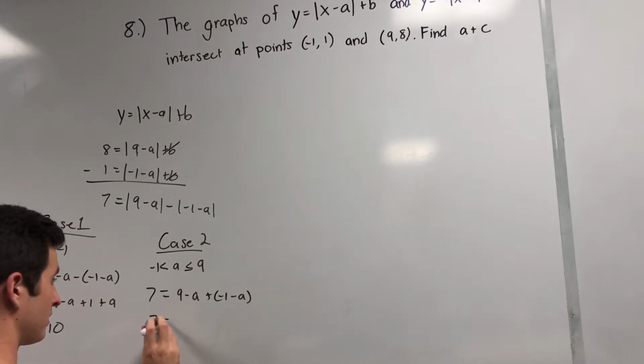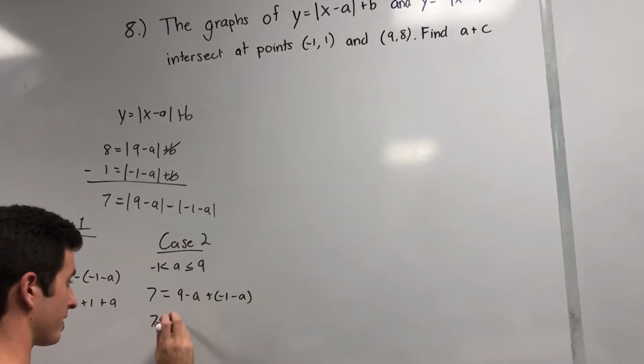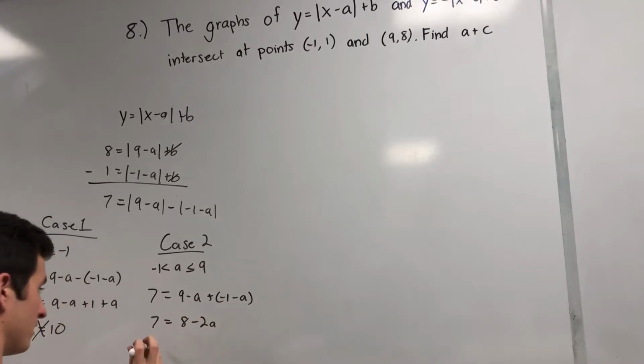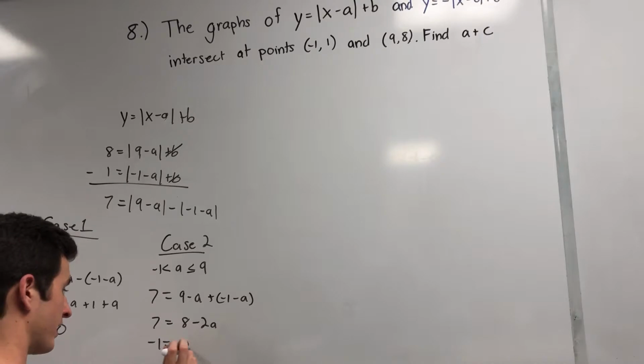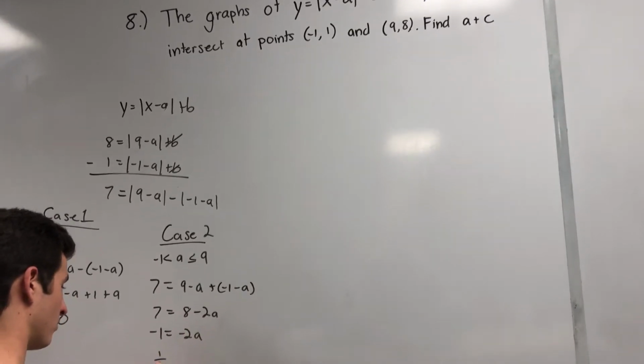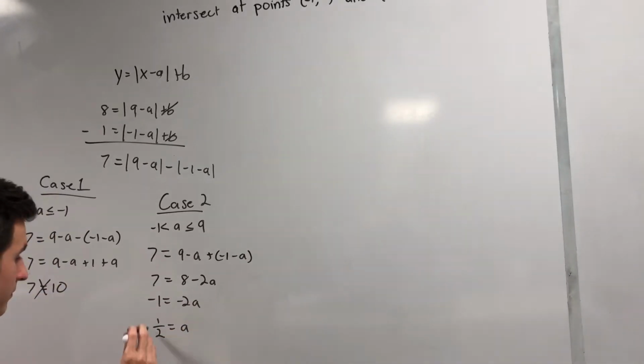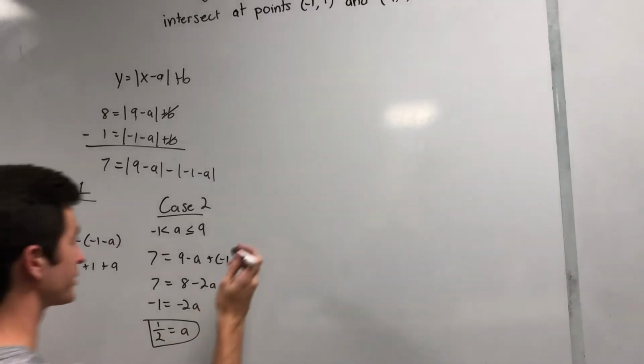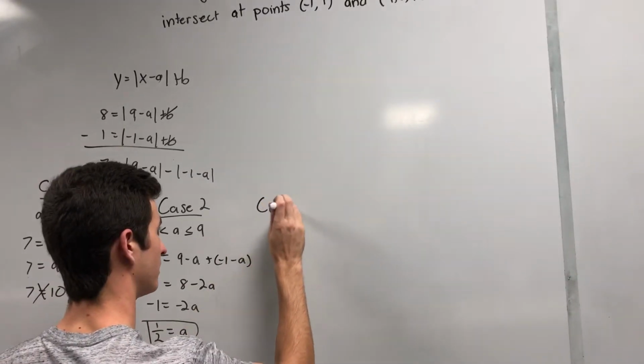So 7 equals 9 minus 1 is 8, minus a minus a, minus 2a. So -1 equals -2a, 1/2 equals a. We still have one more case to check, so let's just do that.